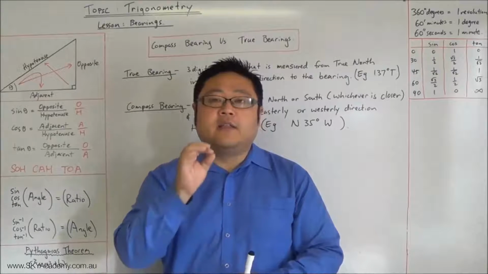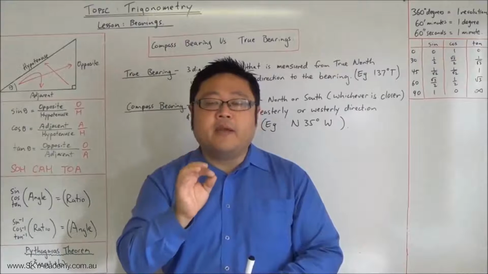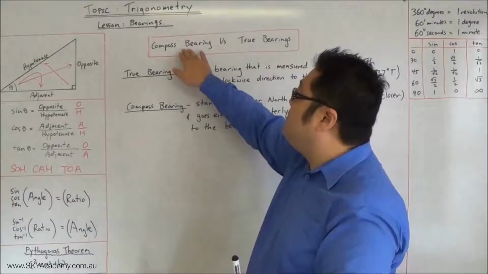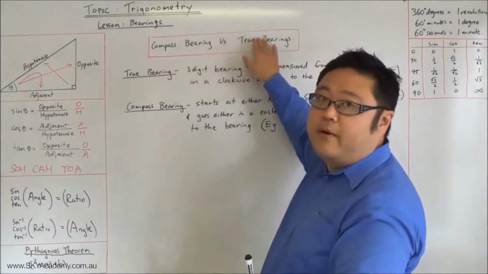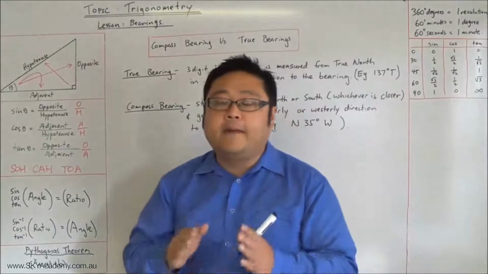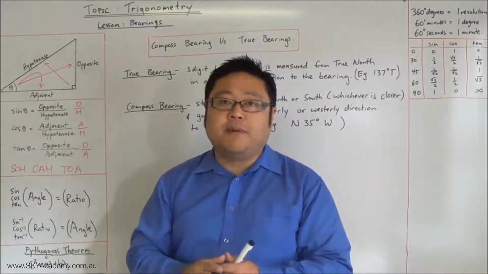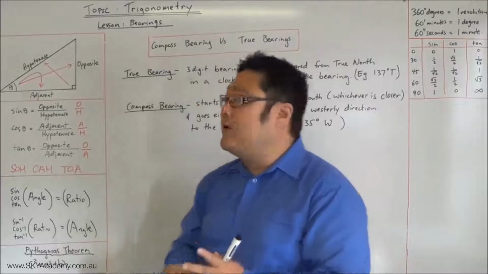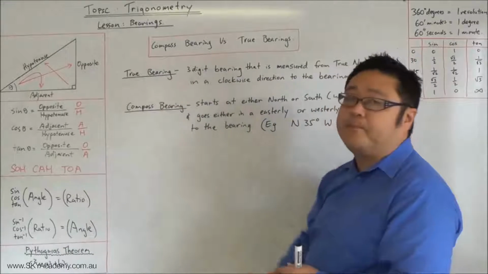We reference that bearing either as a compass bearing or as a true bearing. In maths, those are the two types of bearing you need to be aware of. Let me go through a true bearing.